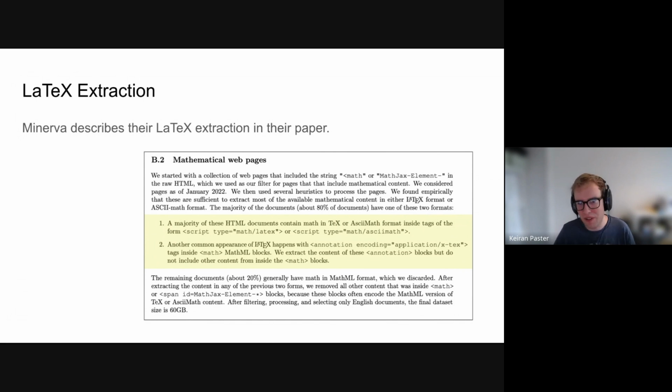We first went through and processed a lot of Common Crawl, and we looked at the types of math that we were finding. It turns out this is not found in Common Crawl at all. That was a major problem. This was the beginning of the journey of figuring out how LaTeX actually appears in Common Crawl.